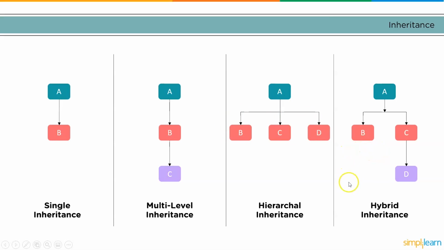And finally, we have the hybrid inheritance. The name itself is self-explanatory. The term hybrid refers to the combination of the other three kinds of inheritance.